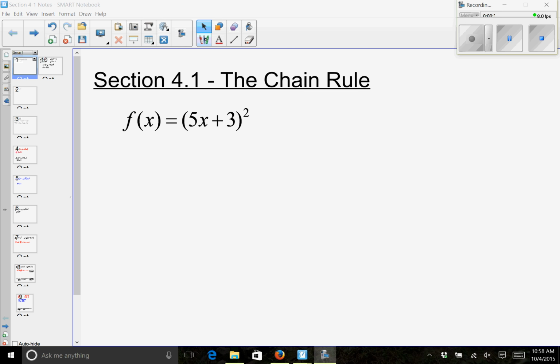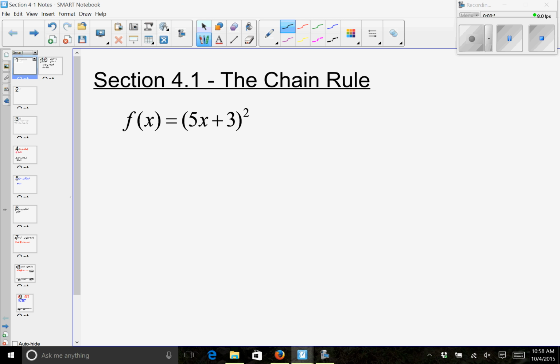And the idea of it is we've talked about function operations for these rules. We talked about how if we're adding or subtracting functions, we can take the derivatives of each piece and add and subtract those. If we're multiplying two functions, we do the product rule. If we divide two functions, we do the quotient rule.